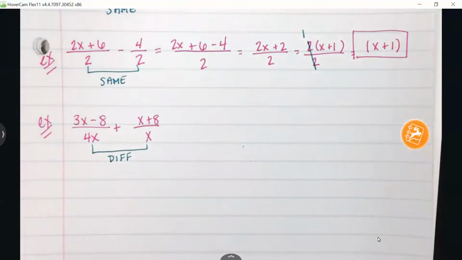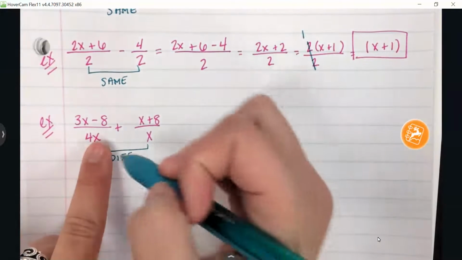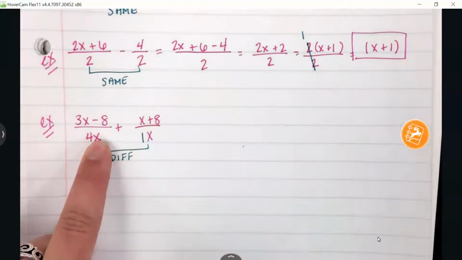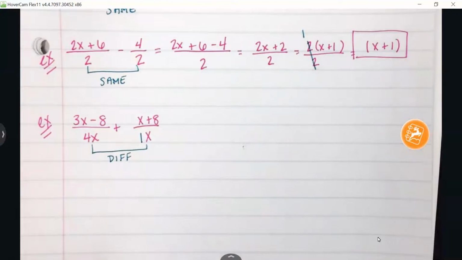Start with numbers, then letters, okay? So just look at numbers. This is a 4 and a 1. So what denominator number can they have the same? No, 4. They have 4 the same, okay?